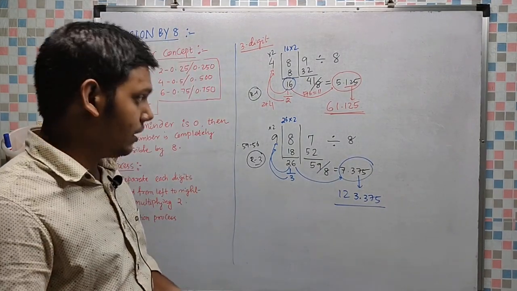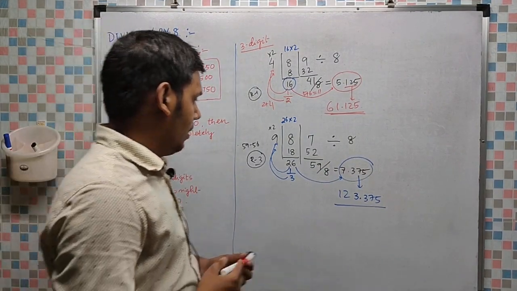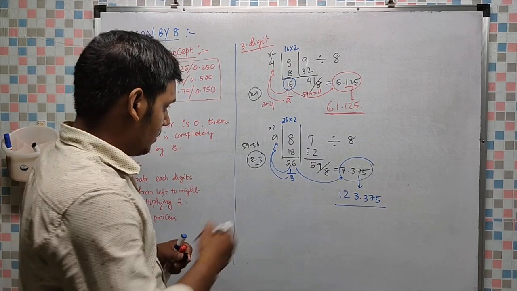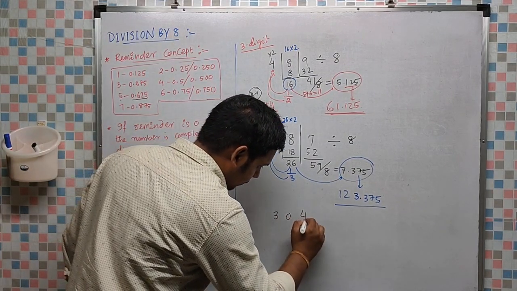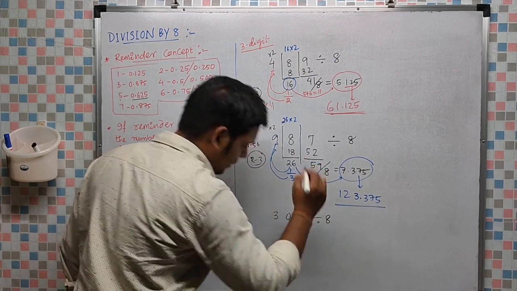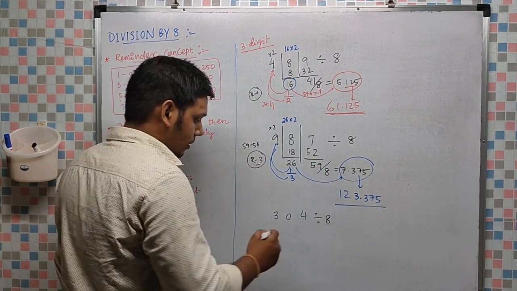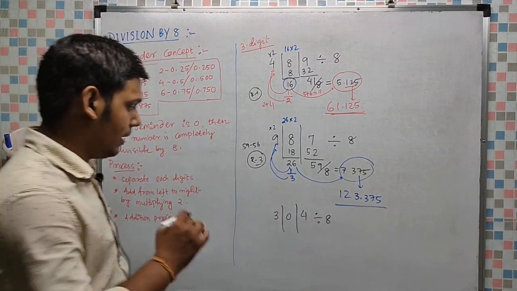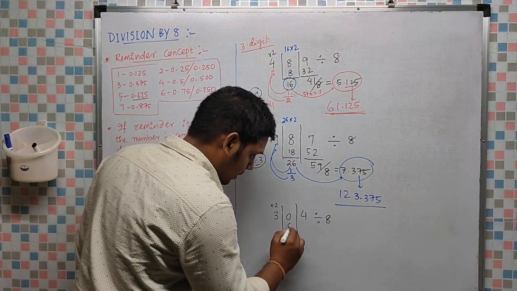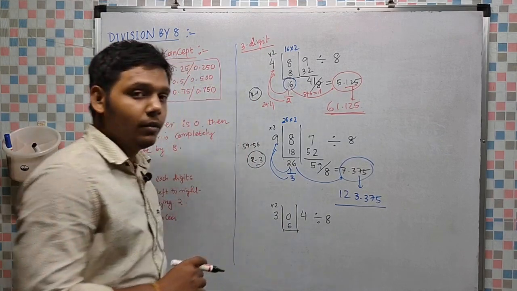One more number we will discuss, thereafter we will go to 4 digit. 304 divided by 8. So see here. First I have separated the digits, right? Then 3 into 2 is 6. But here a one digit number is coming.